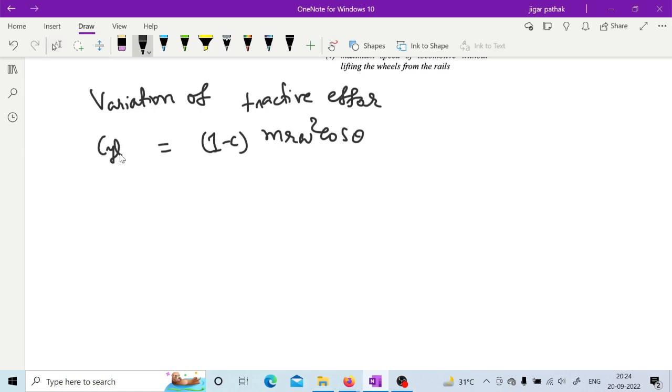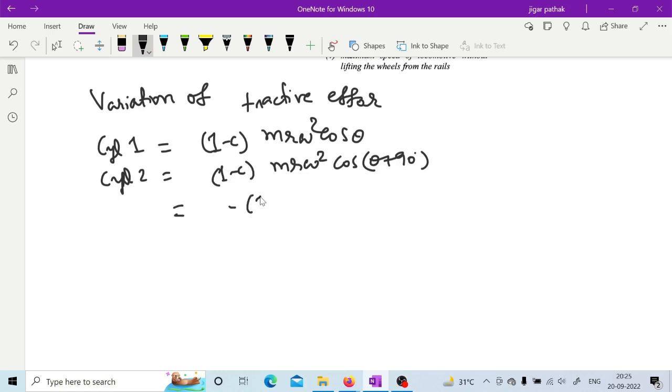So if you consider this as cylinder 1, then you are having that second cylinder also. In that, this force will be (1 minus c) m r omega square cos(theta plus 90 degrees), because cranks are 90 degrees apart. So in cylinder 2 it will be (1 minus c) m r omega square cos(theta plus 90 degrees).